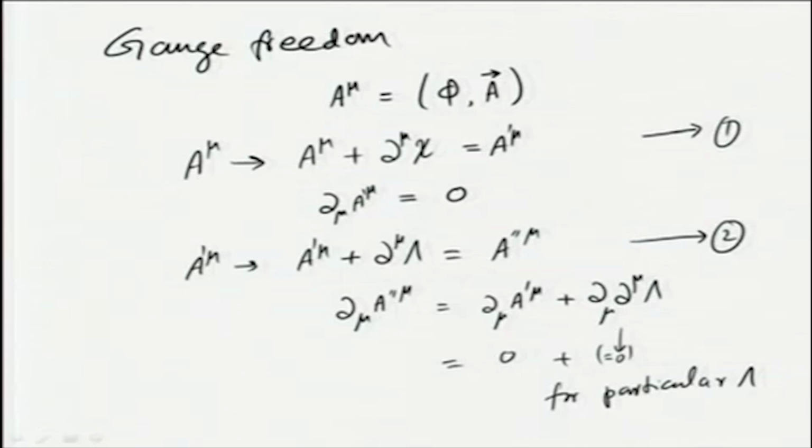So the second transformation is not for any scalar function, unlike the first transformation where chi could have been any scalar function. Lambda is the scalar function which satisfies the condition that it is equal to 0. That is basically the thing.